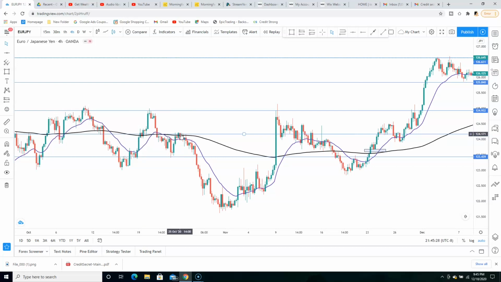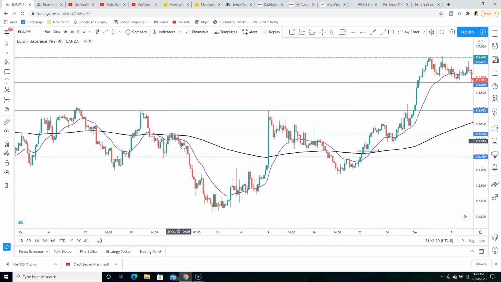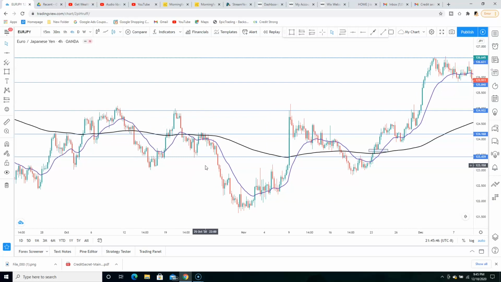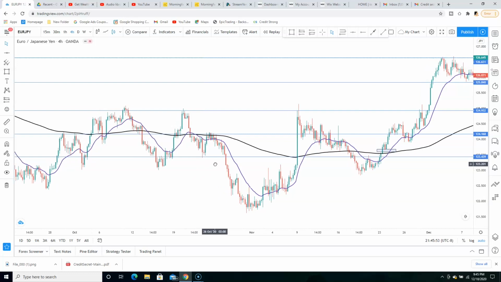Now, if we take a look at the perfect time to get in, let's say you actually missed this right here. All you got to do is wait until price closes below this support zone that you guys are looking at. And once you see that happen, you just get in the trade.